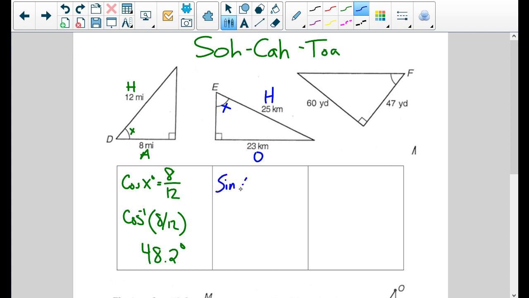So sine of my angle measure, opposite 23 over hypotenuse 25. So inverse sine 23 over 25. Type it in our calculator, what do we end up with? It's rounded up to about 67 degrees.